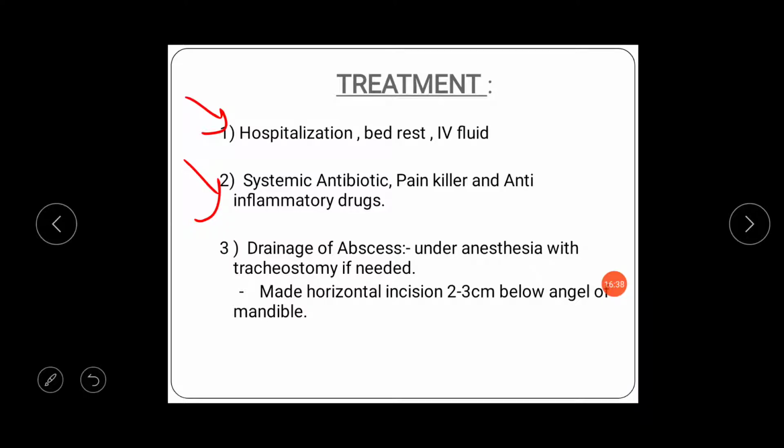It can be done by making an incision 2 to 3 centimeters below the angle of the mandible, and the parapharyngeal space infection can be drained. Repeated dressing and repeated drainage of the abscess should be done in this type of patient, and injectable antibiotics should be started to prevent any major complication and to decrease the pus.